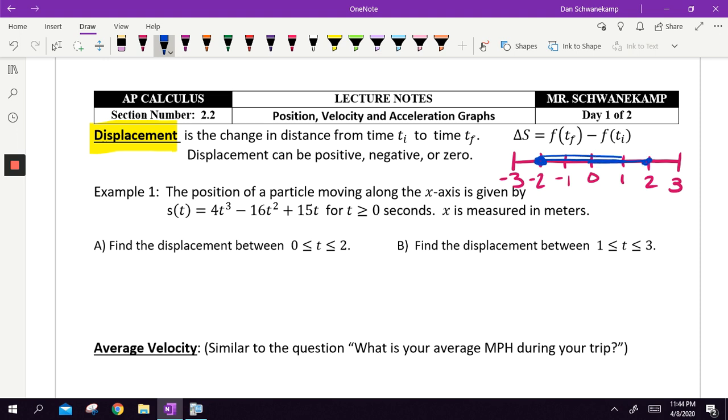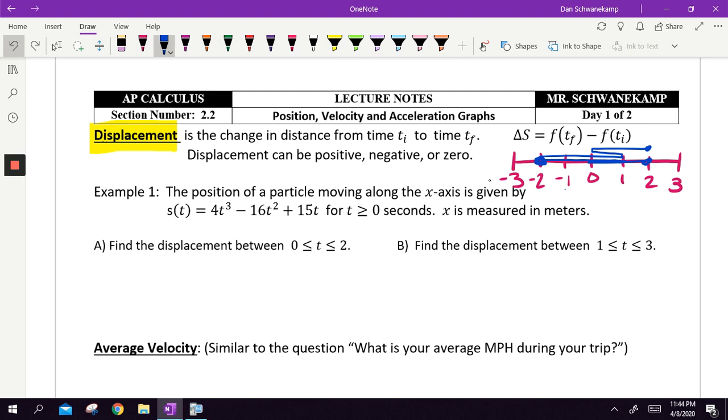So I went forward, back, forward, and I stopped right there. What is my displacement? Well, my displacement is 1, 2, 3, 4. My displacement is 4 because I went from -2 to 2. Or in other words, you take your ending position minus your starting position. I get 4. Okay, that is displacement.